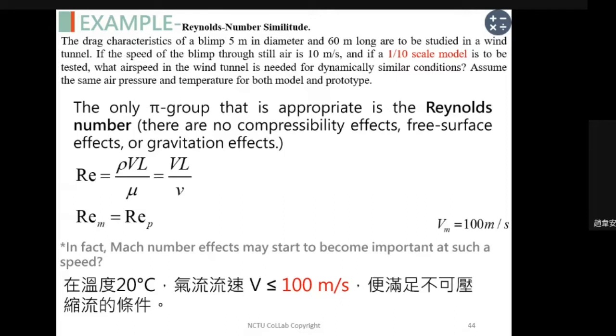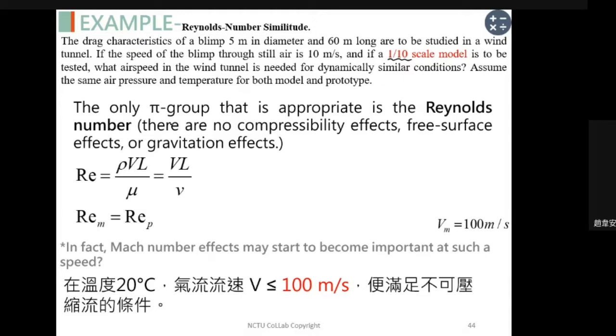If the speed of the blimp through still air is 10 meters per second, and if a 1/10 scale model is to be tested, what airspeed in the wind tunnel is needed for dynamically similar conditions? So we assume the same air pressure and temperature for both model and prototype.